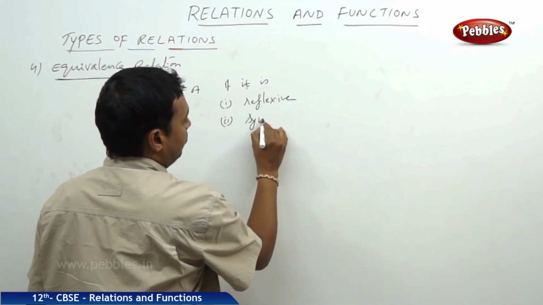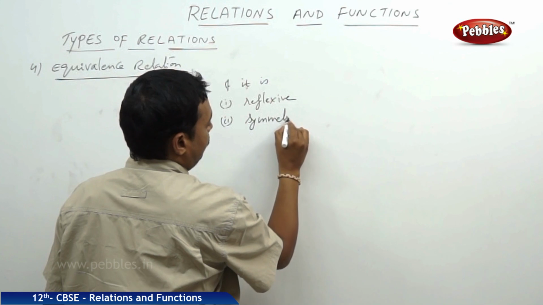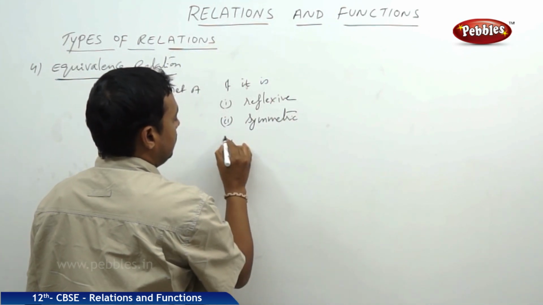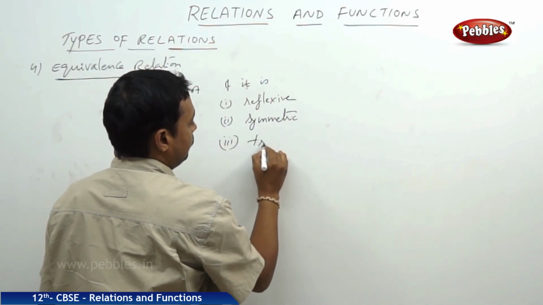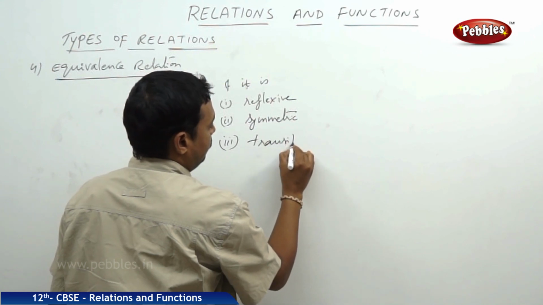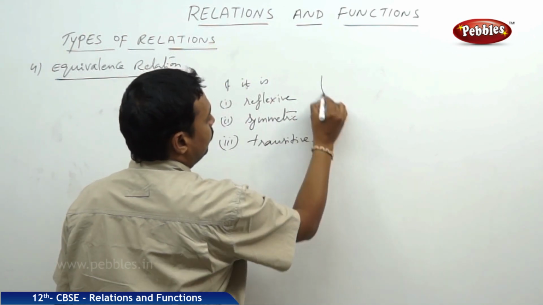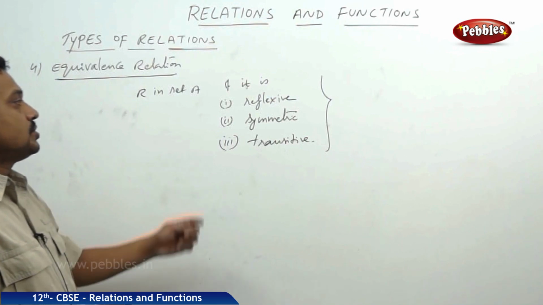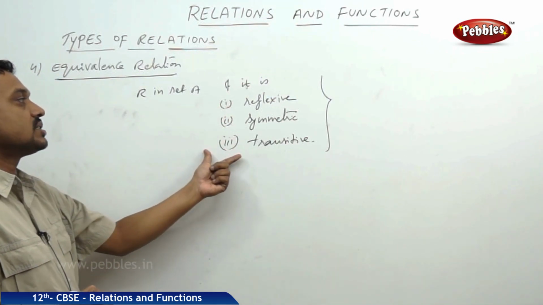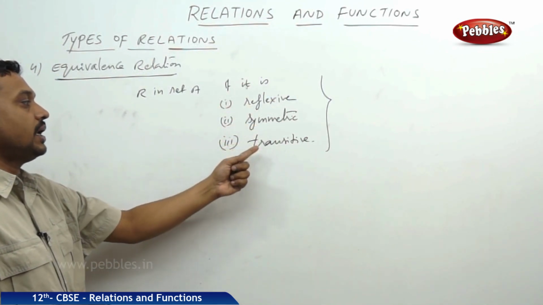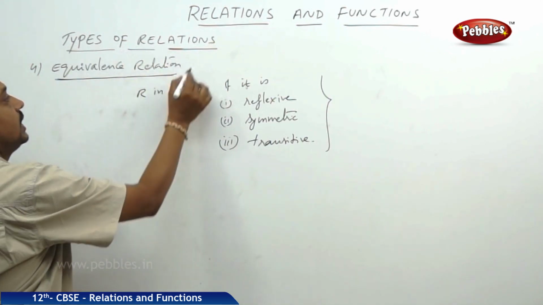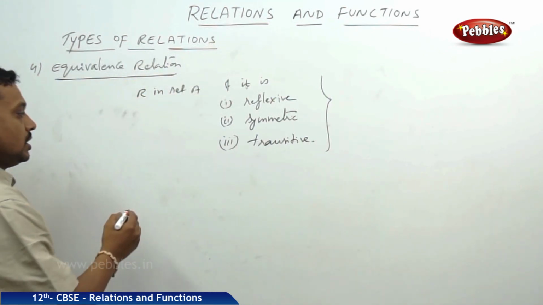Symmetric, 3. Transitive. Therefore, a relation which satisfies the three conditions, reflexive, symmetric and transitive, is known as an equivalence relation.